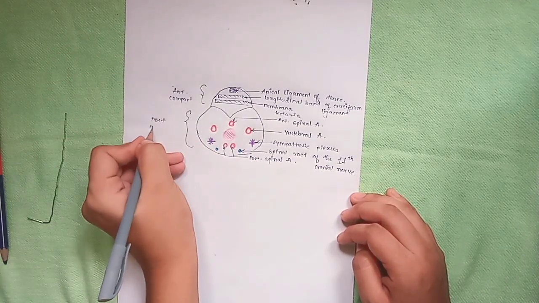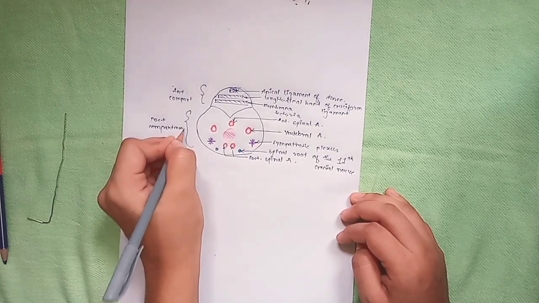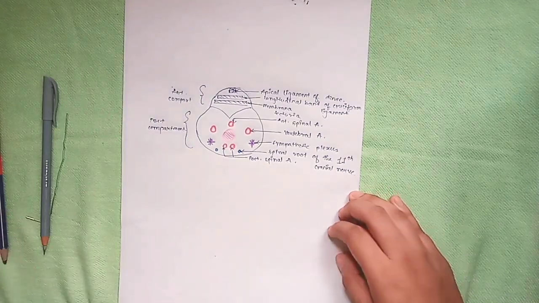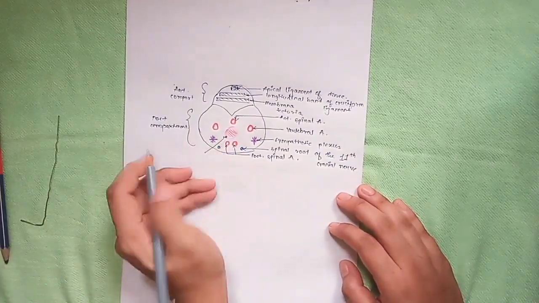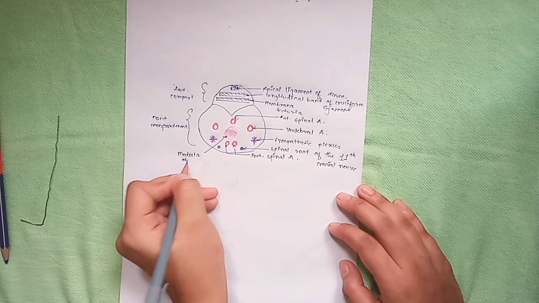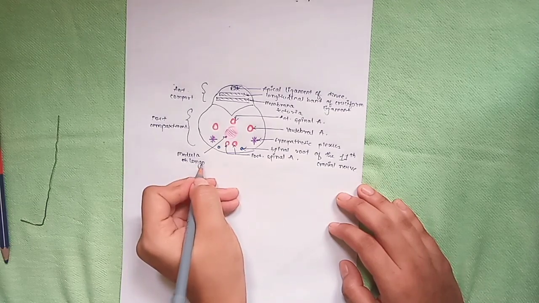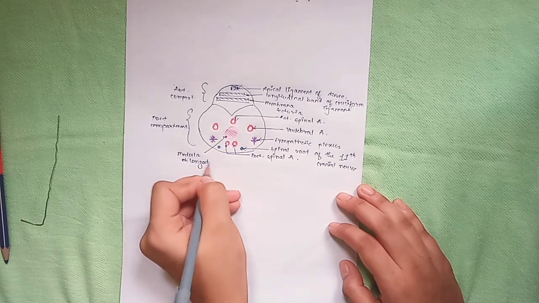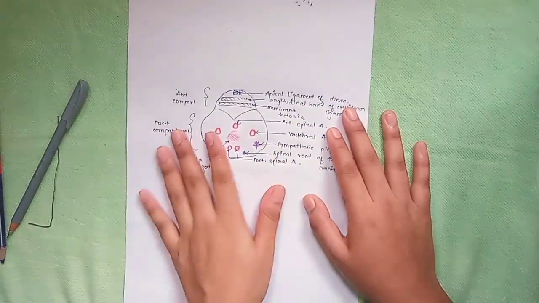So this diagram is going to help you to remember the structures which are passing through the foramen magnum. Okay, so this is the medulla oblongata, which continues as the spinal cord. And these are the structures passing through the foramen magnum.